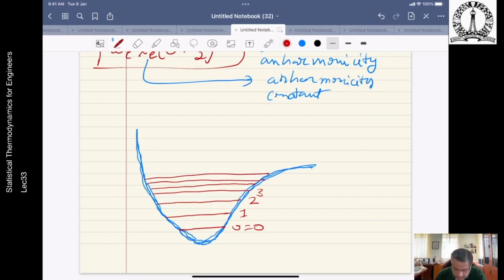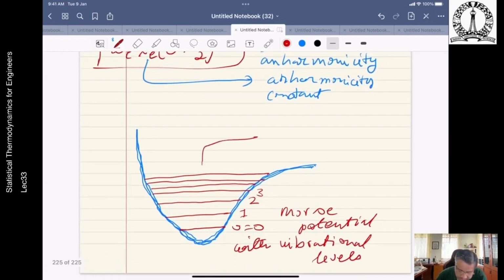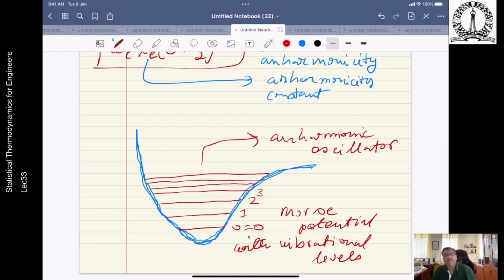So this is the Morse potential with vibrational levels. And all this is for an anharmonic oscillator.